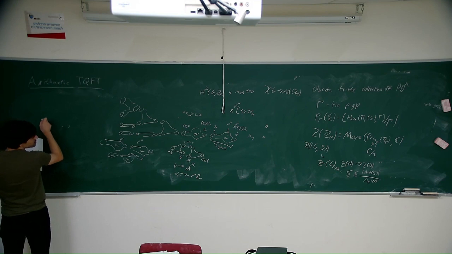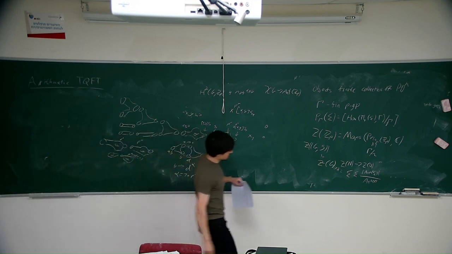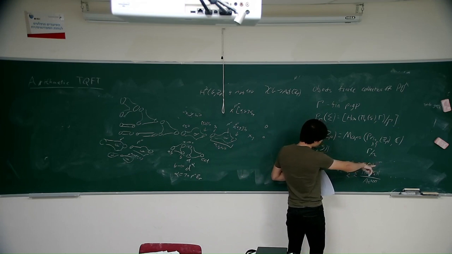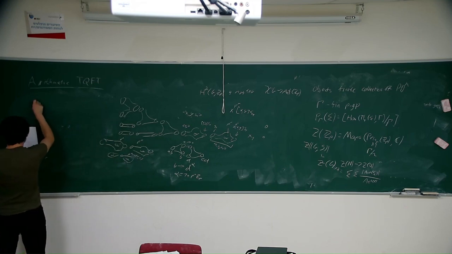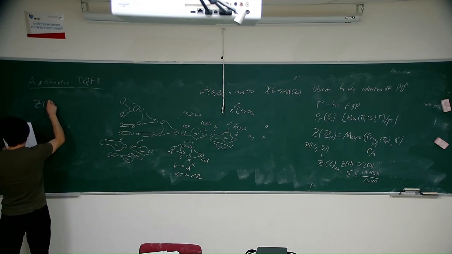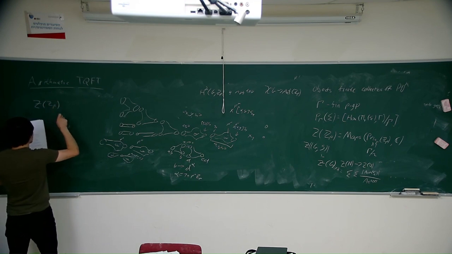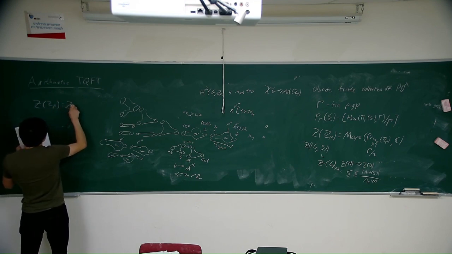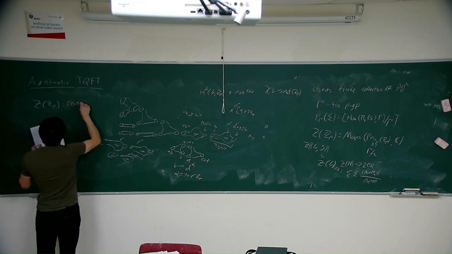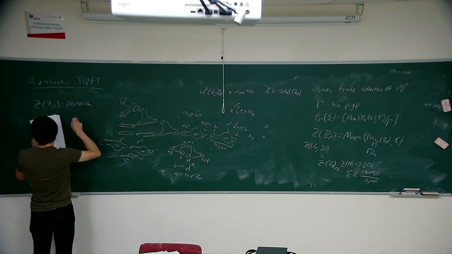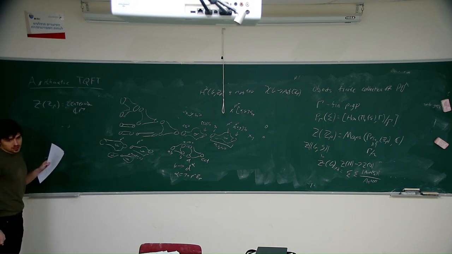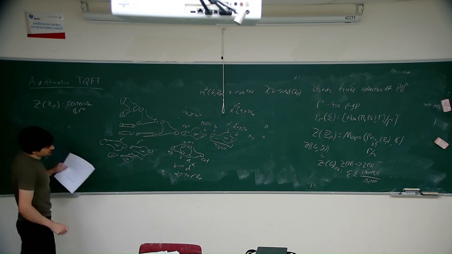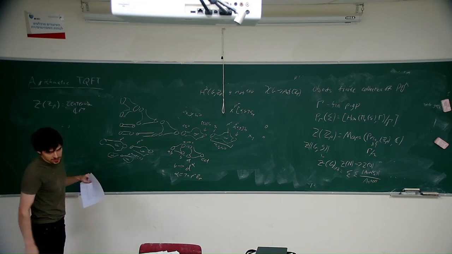First of all, notice that because this is just gamma mod conjugation, one more way to think of this is as the center of the group algebra of gamma, because we want class functions on elements of gamma.